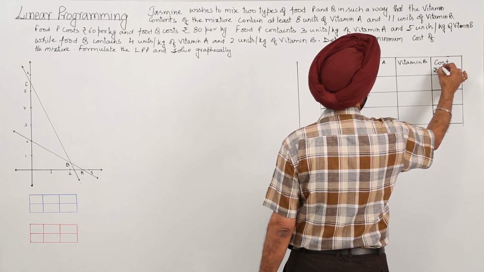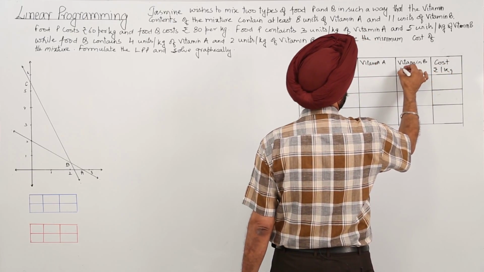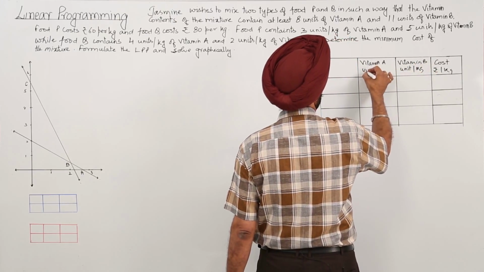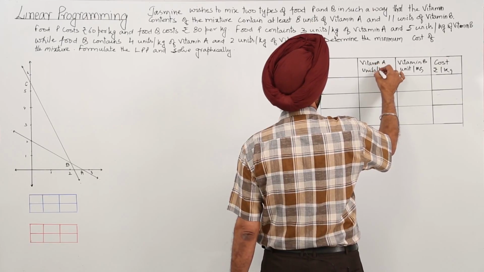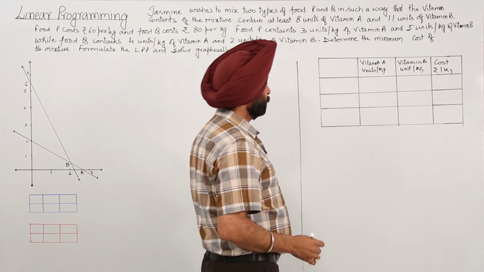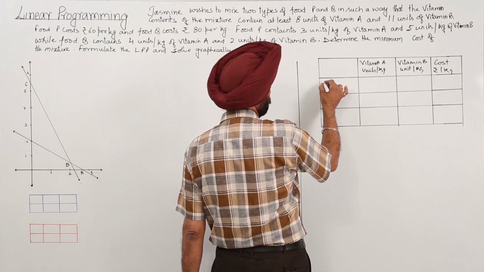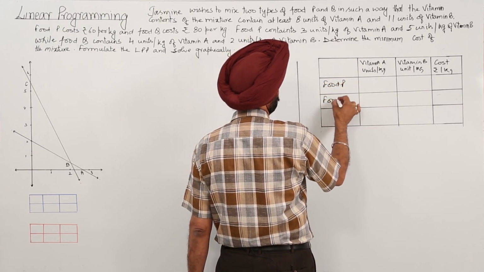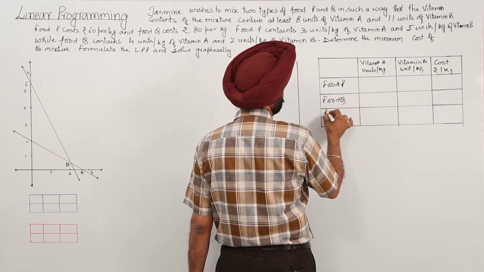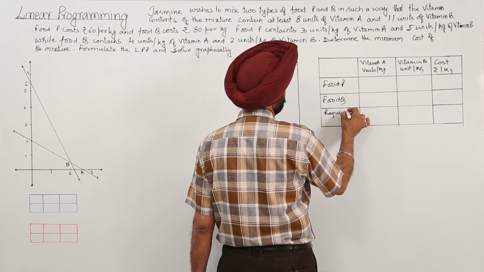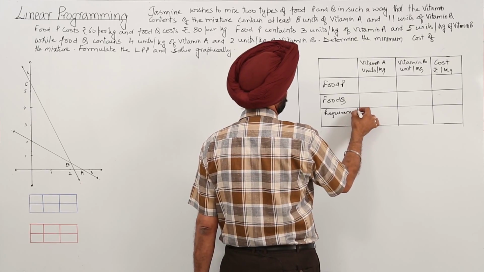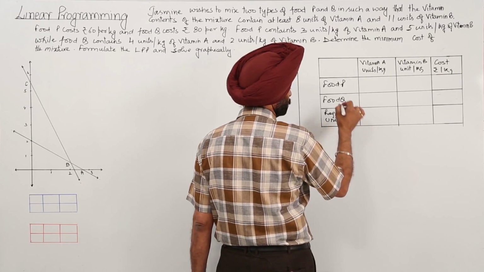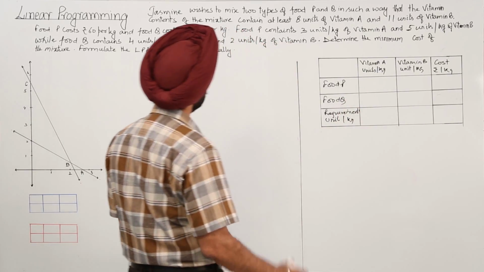Cost is in rupees per kilogram and vitamins are in units per kilogram. Okay. Now we are having food P, food Q and requirements.